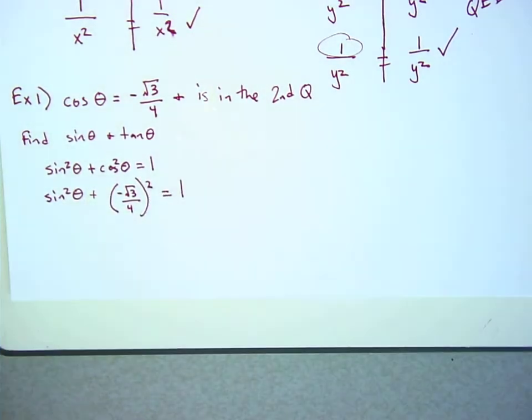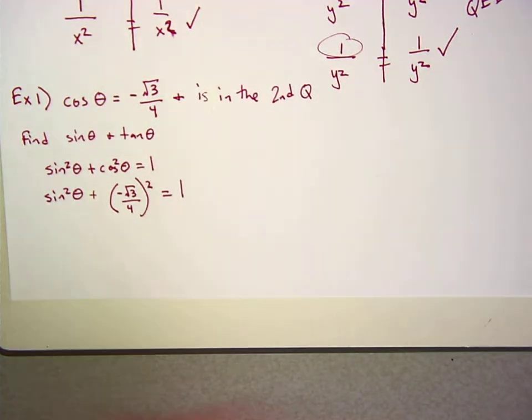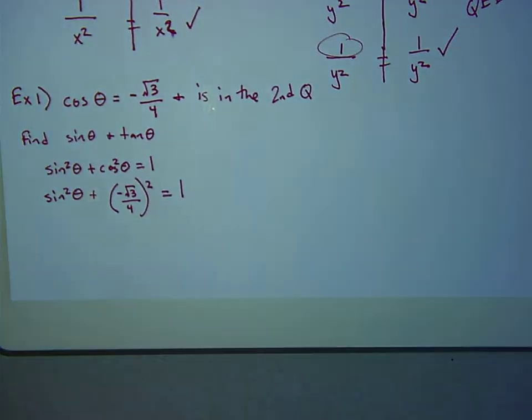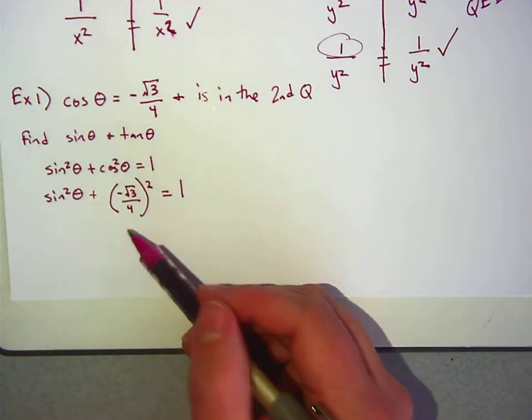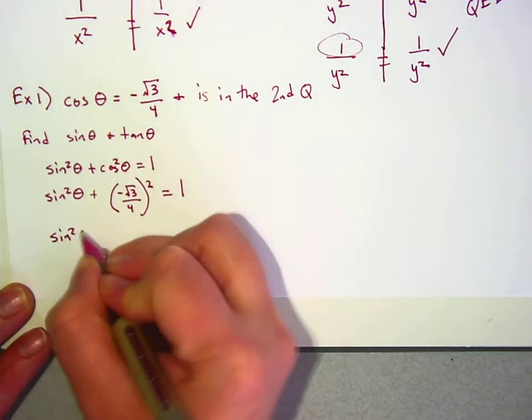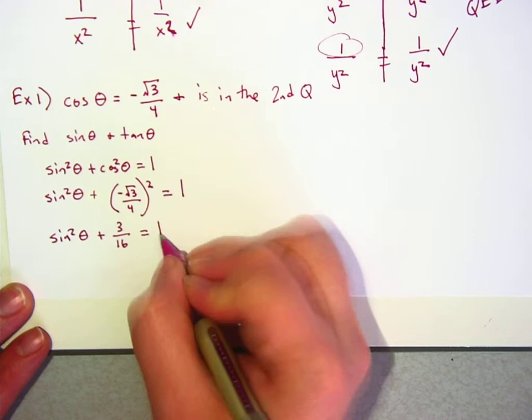So basically, instead of cosine theta, I put in what it is. Now I've got to square it. So what's a negative square root of 3 squared? Positive 3. And what's 4 squared? So this is now sine squared theta plus 3/16 equals 1.